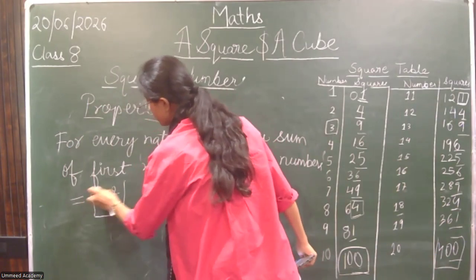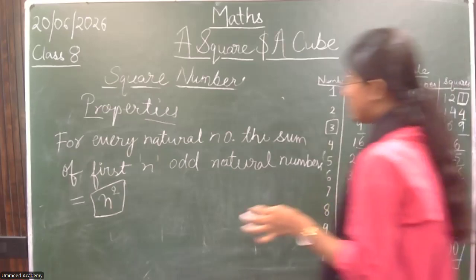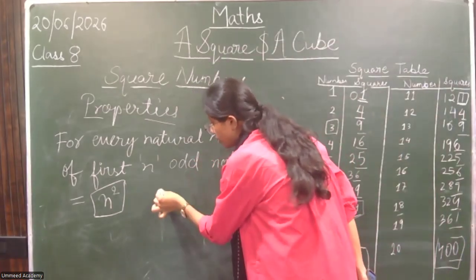Now what do we understand from this? By this property, what do we understand? This property is saying that for every natural number, the sum of the first n odd natural numbers is equal to n square. See, we have 1.